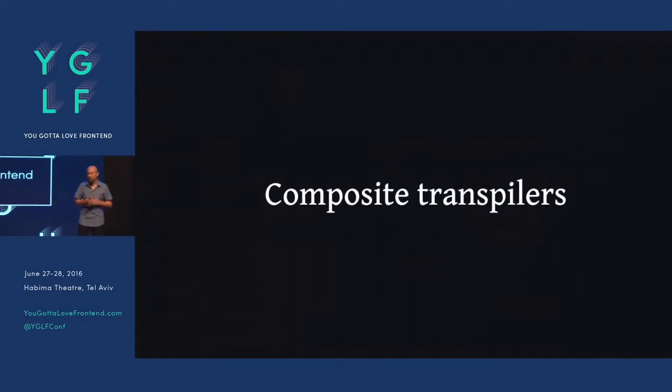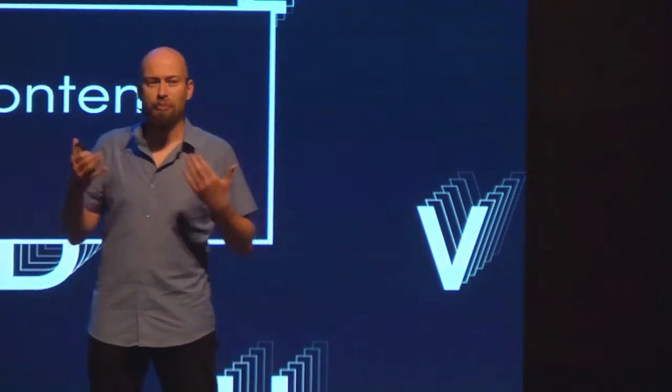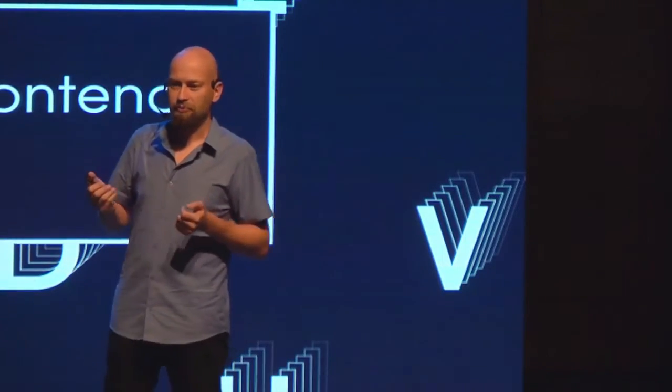But from our point of view, in our context, the more interesting method is composite transpilation. So we now have three phases. We have parsing, which creates our abstract syntax tree. Then we transform it, creating a modified version of the original AST. And this modified version we feed into a program called a generator.